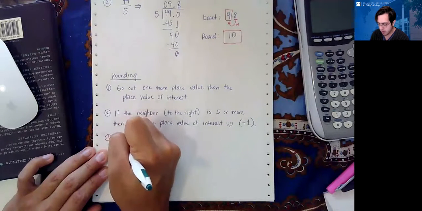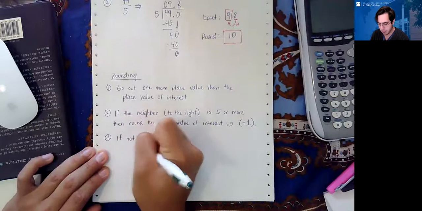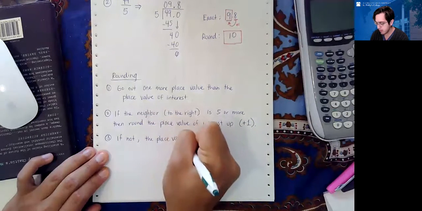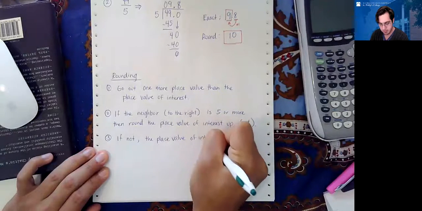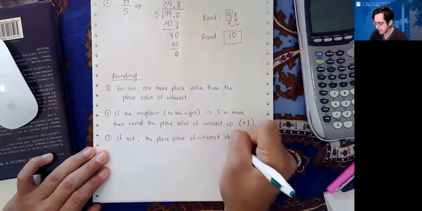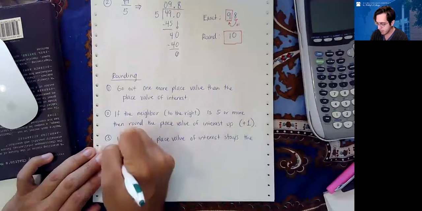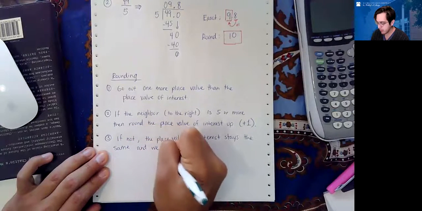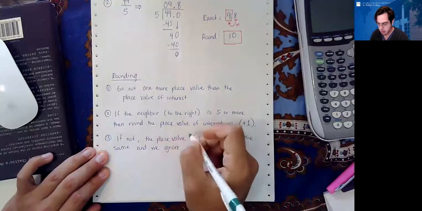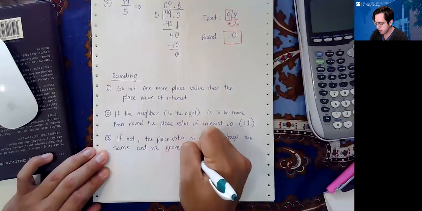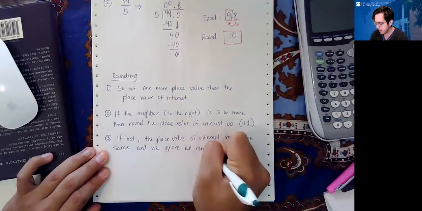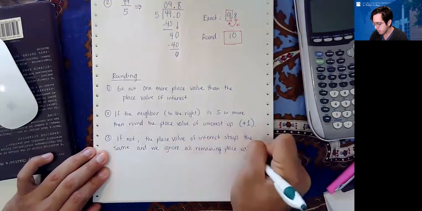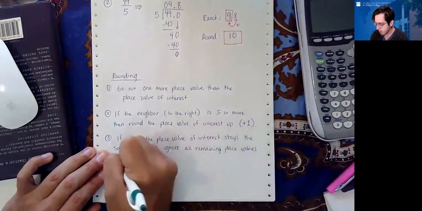Okay. If not, the place value of interest stays the same, and we ignore all remaining place values on the right.